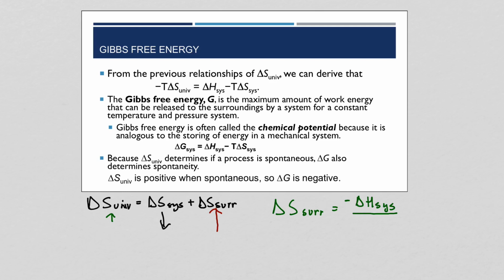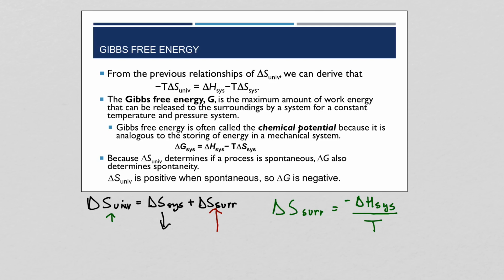We're going to end up with an increase in entropy of the surroundings. And it was inversely related to the temperature, right? That the increase in entropy of the surroundings is more if the temperature of the surroundings is lower, and it's less if it's higher for the same amount of energy that's given off.